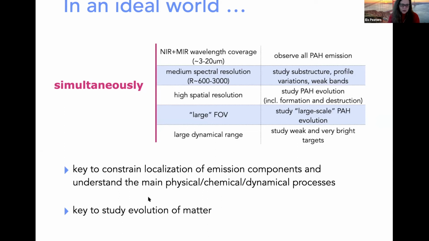And so if you want to understand in general the evolution of matter, of PAHs and dust, and how one evolves into the other, you need to have both spatial and spectral information.